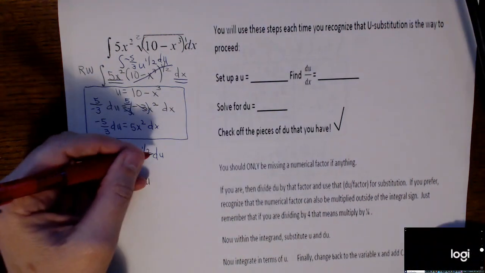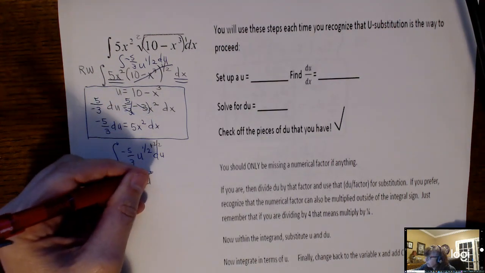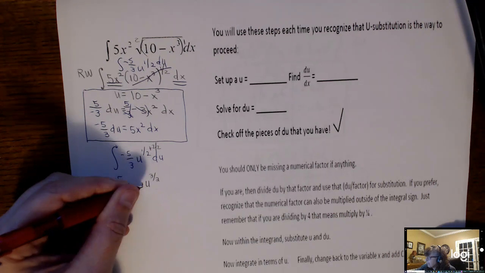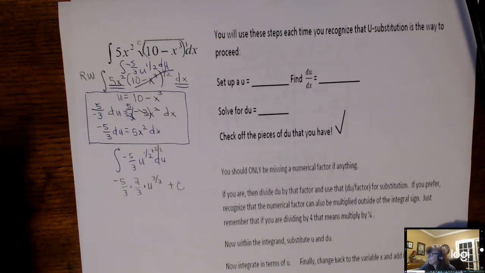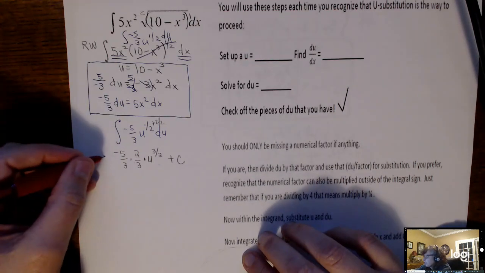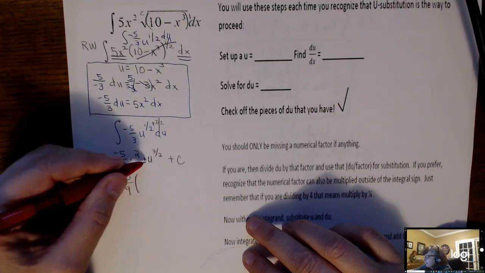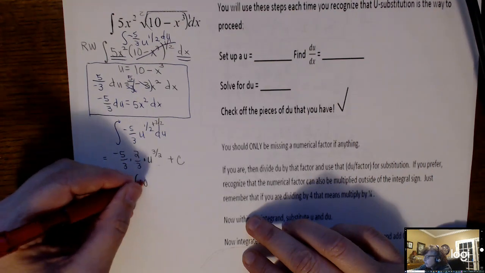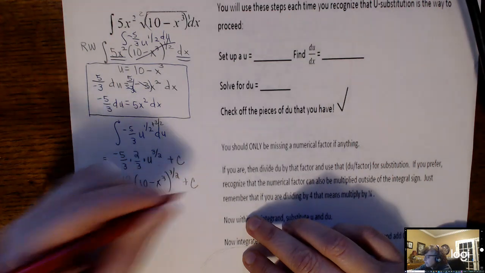I'm going to add 1 to 1/2, so 2 over 2 plus 1/2 is 3 over 2, and dividing by 3/2 is the same as multiplying by 2/3. There it is. If you want to multiply those two fractions together, you can. That would give you negative 10 over 9. Then you would replace u with 10 minus x cubed, and it's to the 3/2 power plus c.